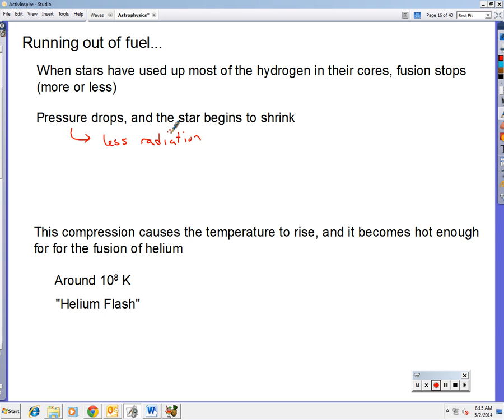And typically what happens is it doesn't start slowly. The star collapses, collapses, collapses, and then all of a sudden helium fusion starts. It's called the helium flash, where the star very quickly becomes brighter and larger, and then we have a red giant.